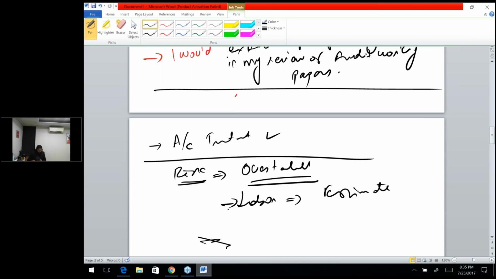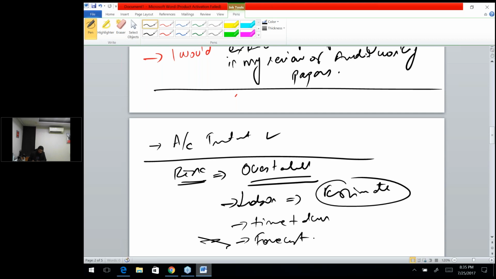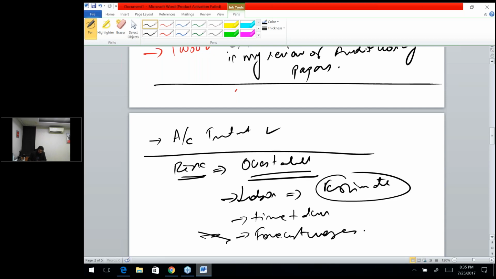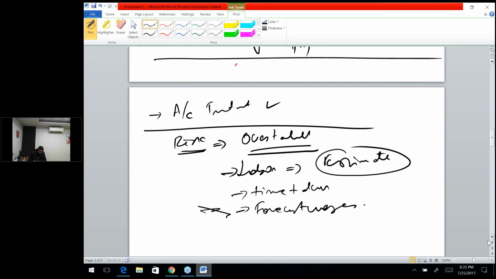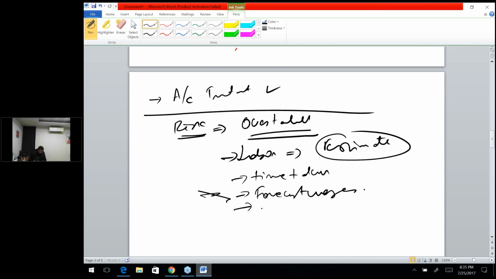So number one, the labor cost is estimated in terms of the time taken. The labor cost is a very rough estimate based on the time taken and also based on the forecast wages, because it does not actually consider the actual wages. It's based on forecast wages, and furthermore is based on budgeted production hours.